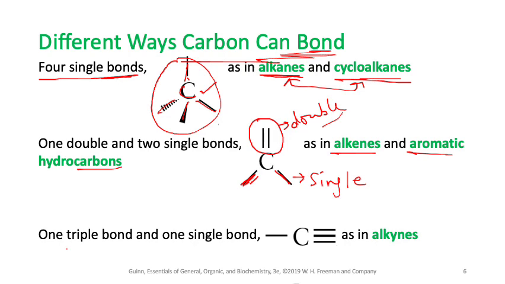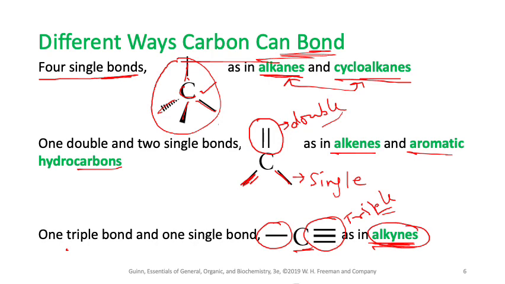And the last way that carbon can make 4 bonds is by making one triple bond and one single bond. If you can see, we still have 4 bonds on carbon, and we can find this kind of bonding pattern, where the carbon makes at least one triple bond. This is your triple bond. We can find it in one type of hydrocarbon known as alkyne, right?